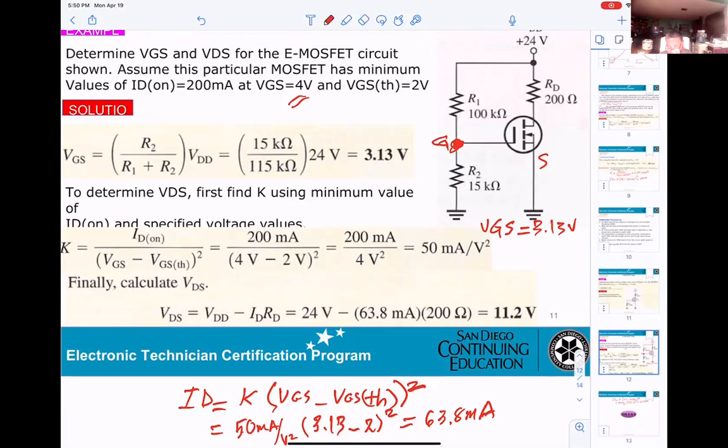You have to read the whole sentence: the value of ID on is equal to 200 milliamp at VGS equal to 4. That's what was given from the data sheet. Okay.